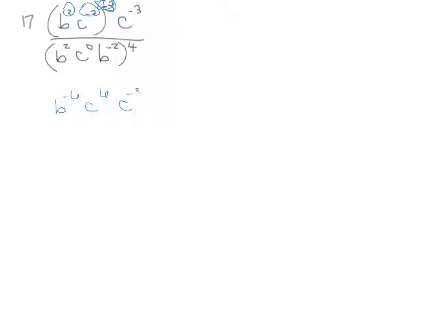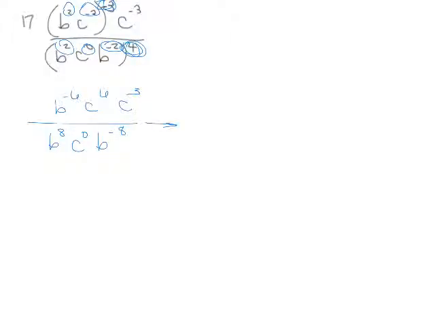I have c to the negative 3. Okay, on the bottom, I've got the 2 times 4, so I've got b to the 8th. I've got 0 times 4, so that's going to be c to the 0. I have b to the negative 2 times 4, which is b to the negative 8.